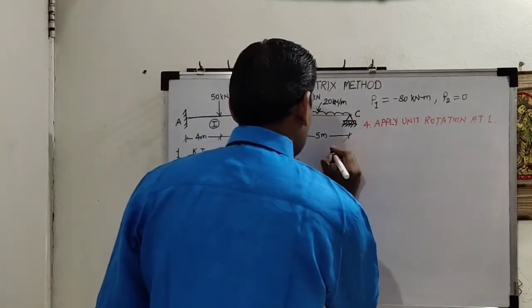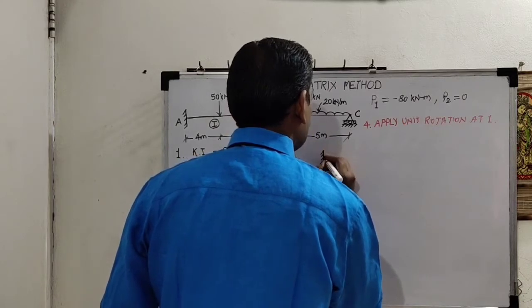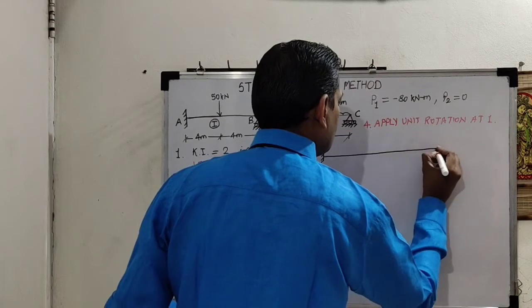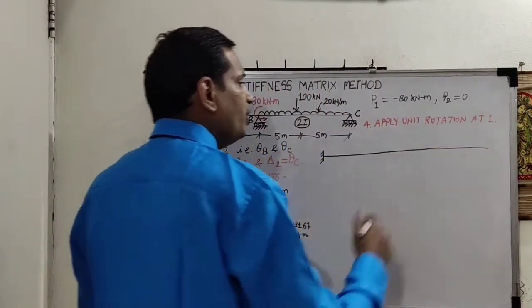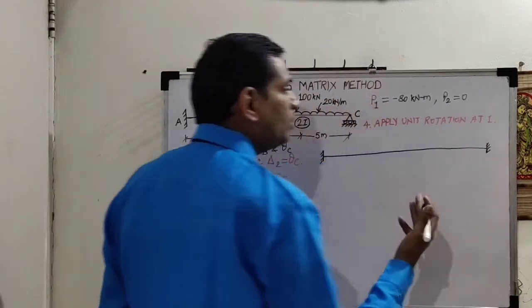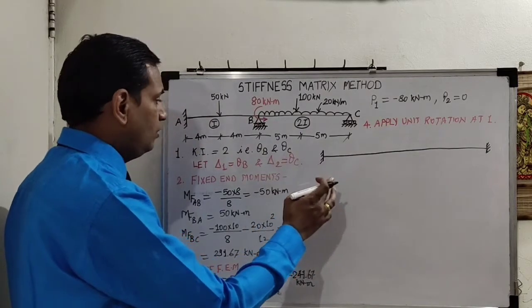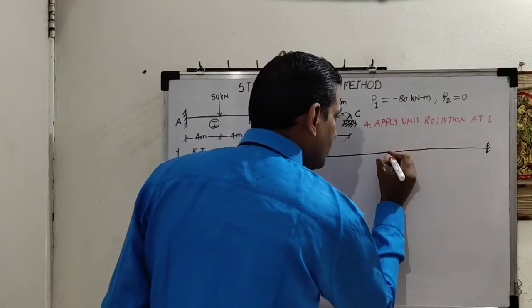So first of all, draw the given diagram without external loading and apply unit rotation on 1. So this is fixed because we are making theta C 0 and theta B is 1. So it will be applied here.